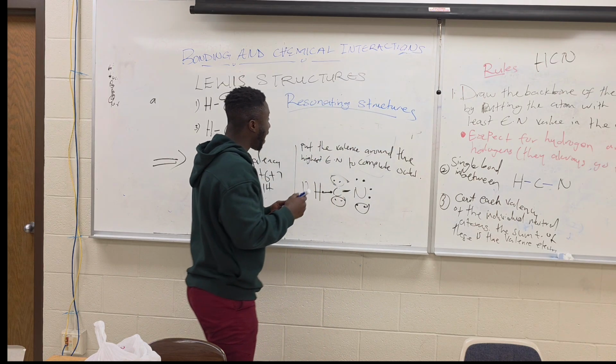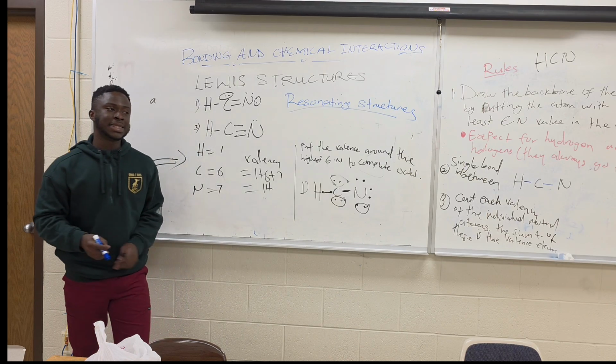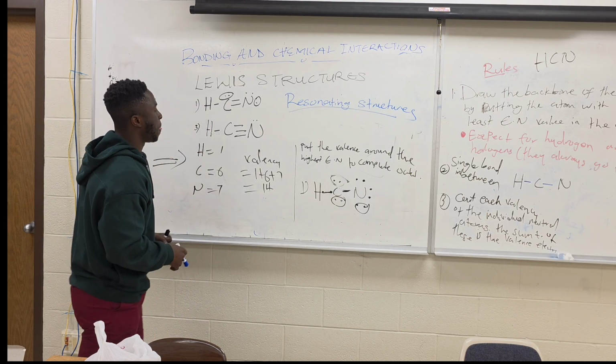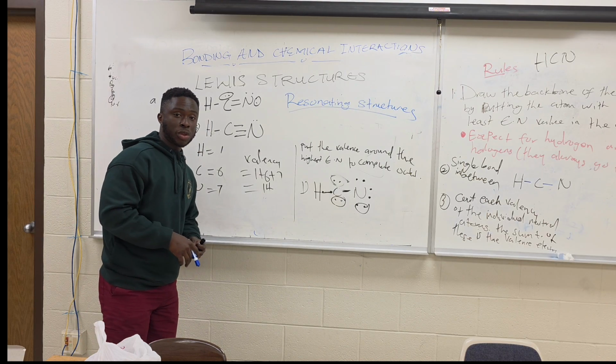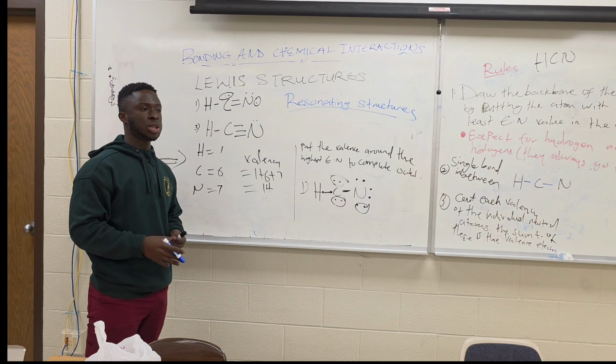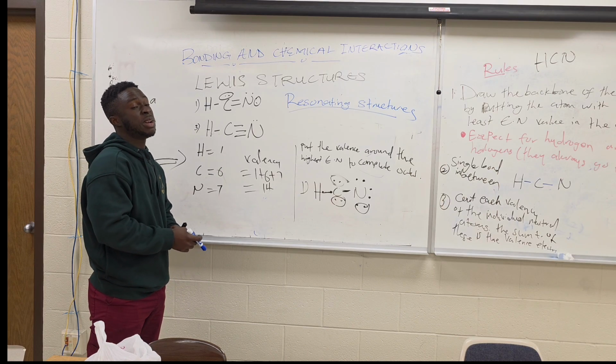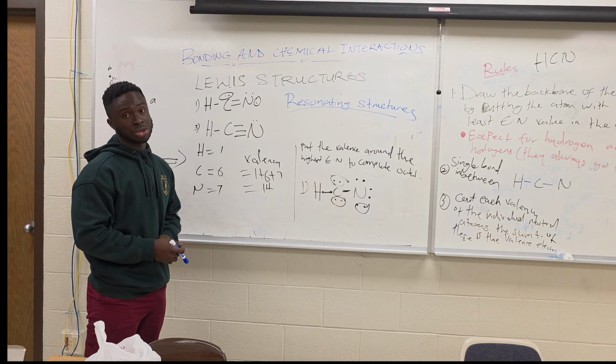Right. So the technical definition of resonating structures, or the factual definition, is that they have the same bond connectivity, atoms that have the same bond connectivity but differences in the arrangement of the bonding electrons.